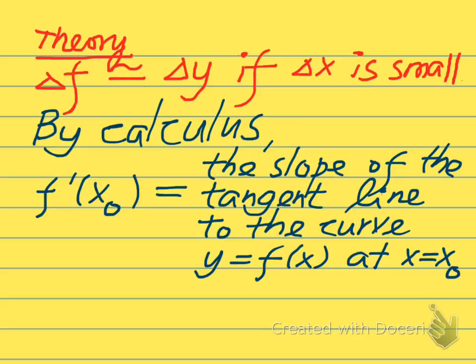By calculus, the derivative of f at x equal to x0, indicated by f prime x0, is the slope or gradient of the tangent line to the curve y equal to f of x at x equal to x0.